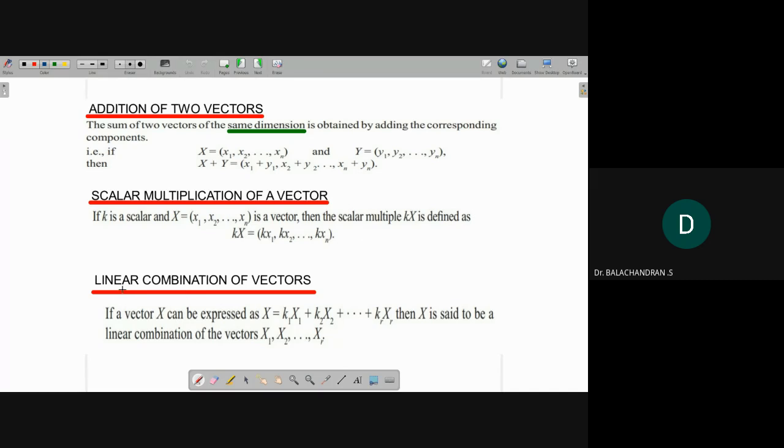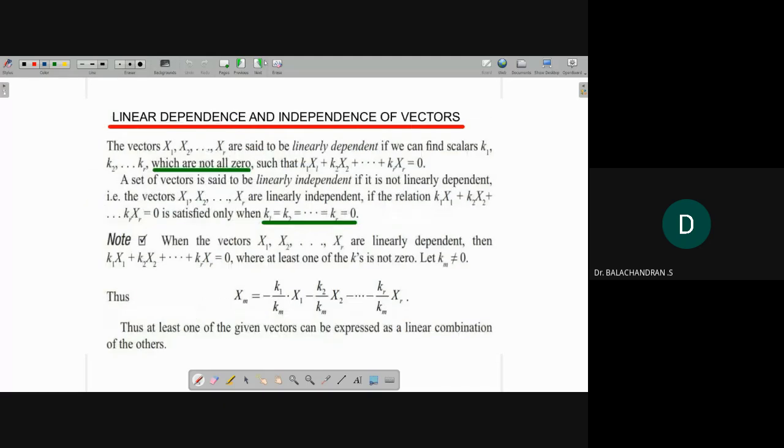Next definition, linear combination of vectors. If a vector X can be expressed as X equals k1 x1 plus k2 x2 plus up to kr xr, then X is said to be a linear combination of the vectors x1, x2, xr. The next definition, linear dependence and independence of vectors.